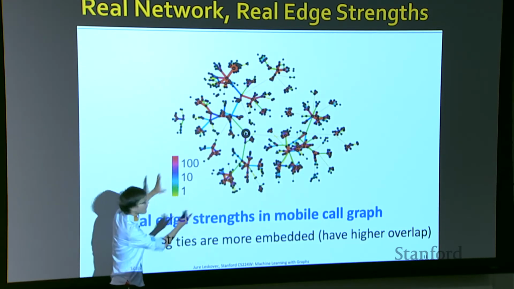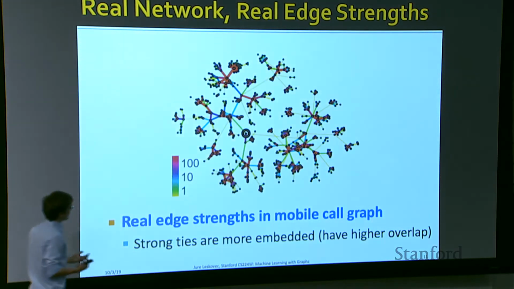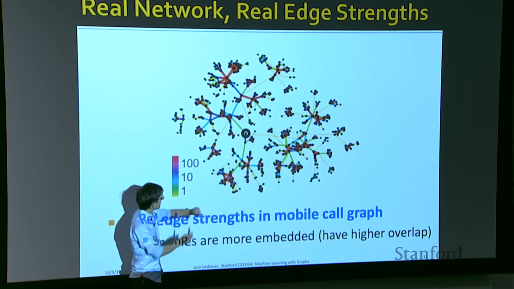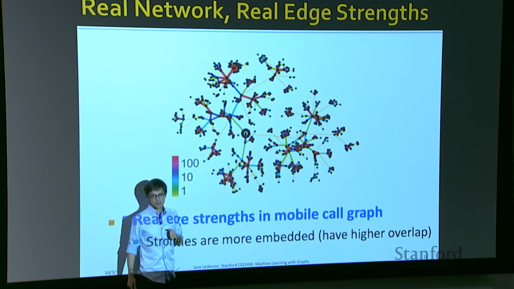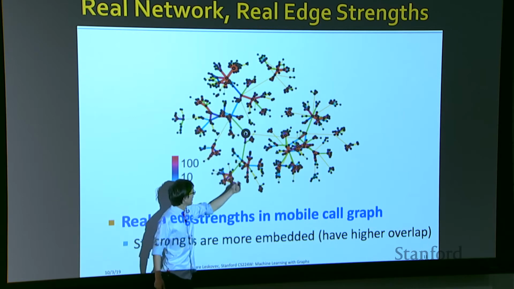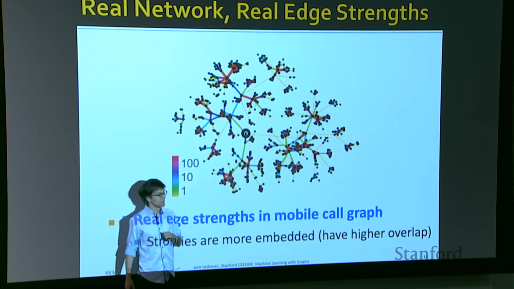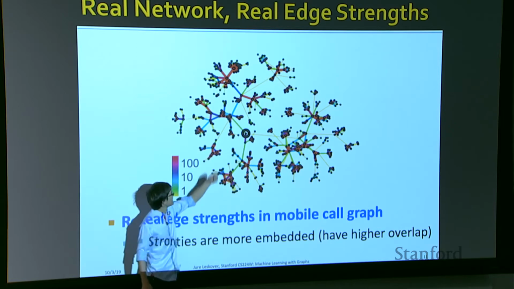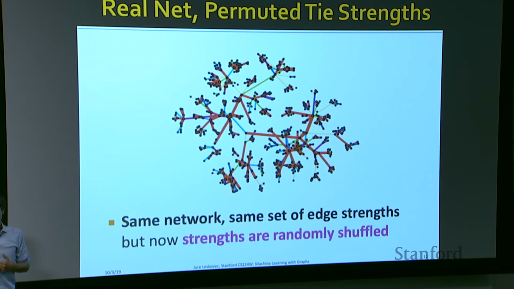A very striking way to see it is to ask how this network would look if I visualize it the same, but randomly permute edge strengths. So I would say I have, I don't know, 700 red edges, let me randomly color them. And then I have 400 yellow edges, let me randomly color them. And if you do that, this is how it looks.